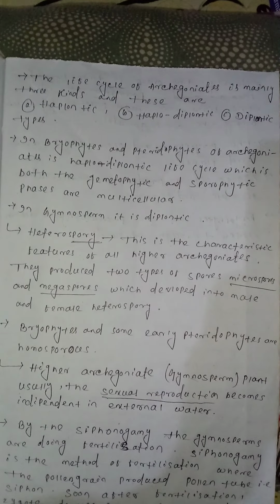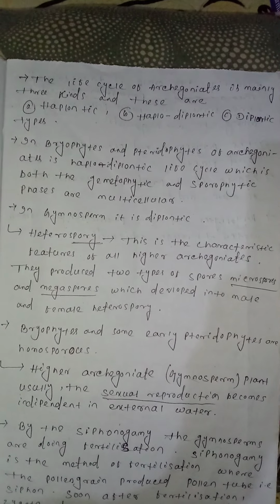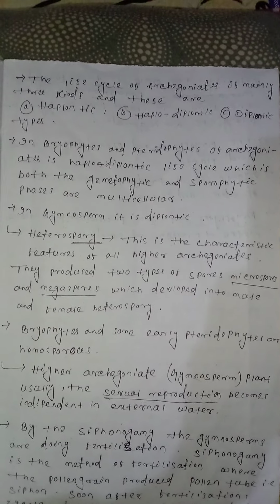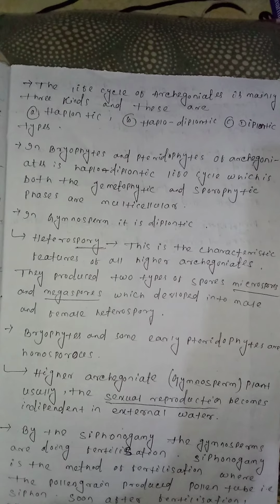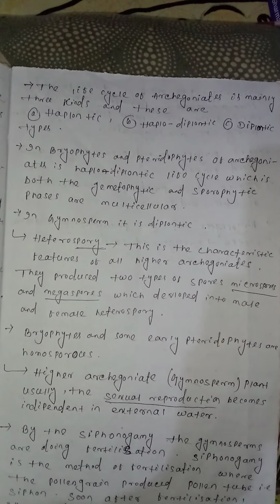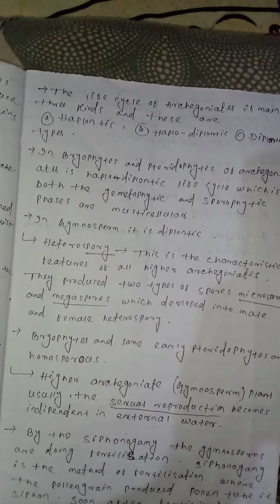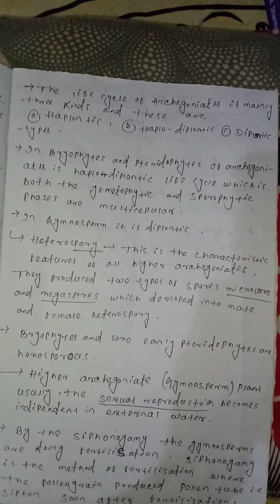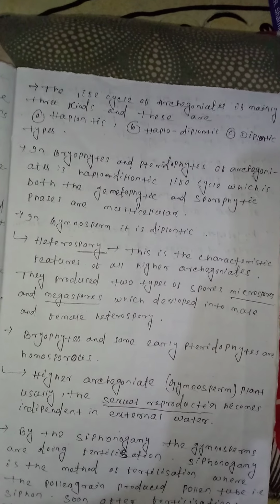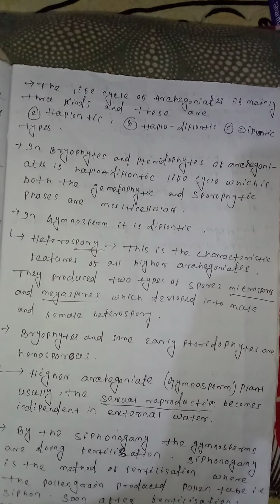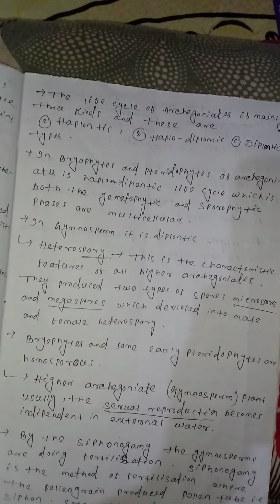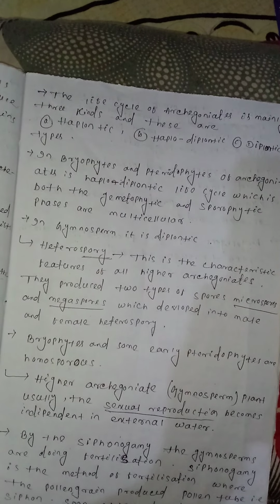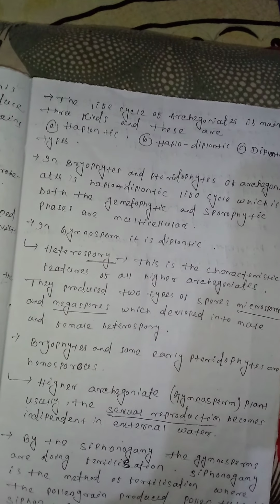The life cycle of archegoniads is mainly of three kinds: haplontic, haplodiplontic and diplontic types. In bryophytes and pteridophytes among archegoniads, the life cycle is haplodiplontic, in which both the gametophytic and sporophytic phases are multicellular. So what is the haplodiplontic life cycle?